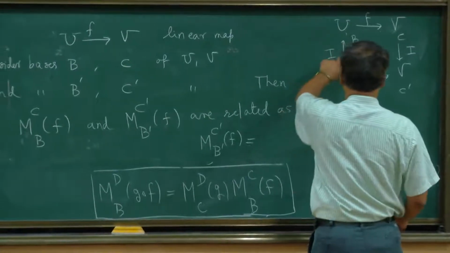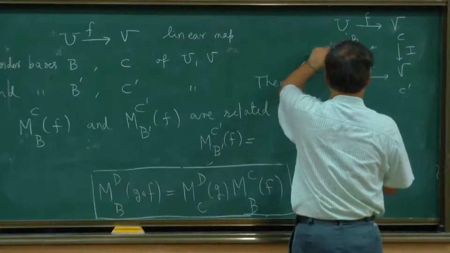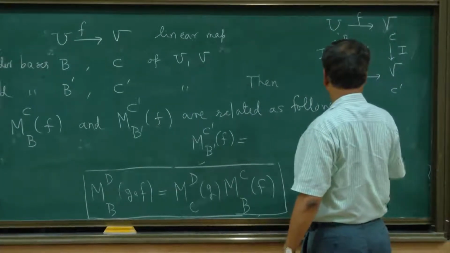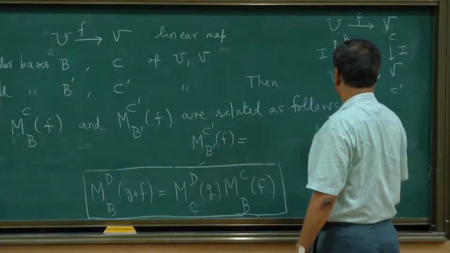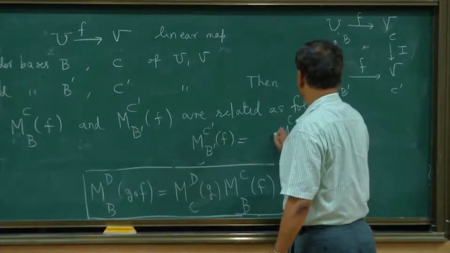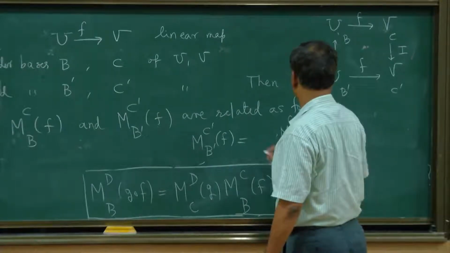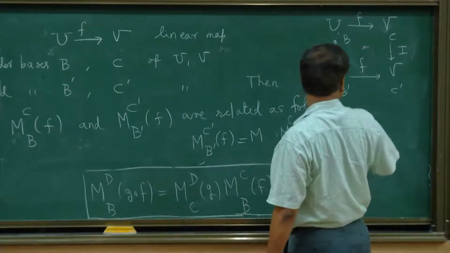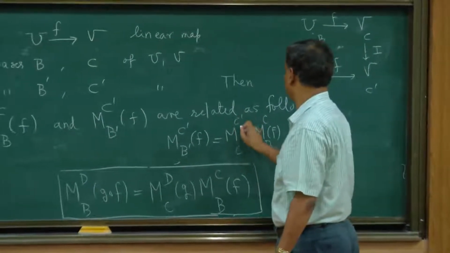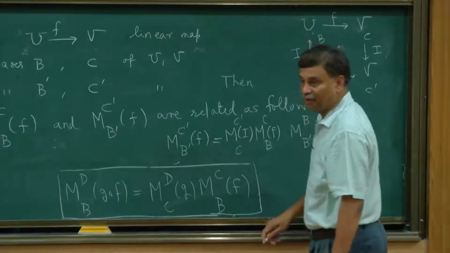So it is this followed by this followed by this. So, matrix of B prime B identity, multiplied by matrix of B C F, multiplied by matrix of this map C prime identity, right?